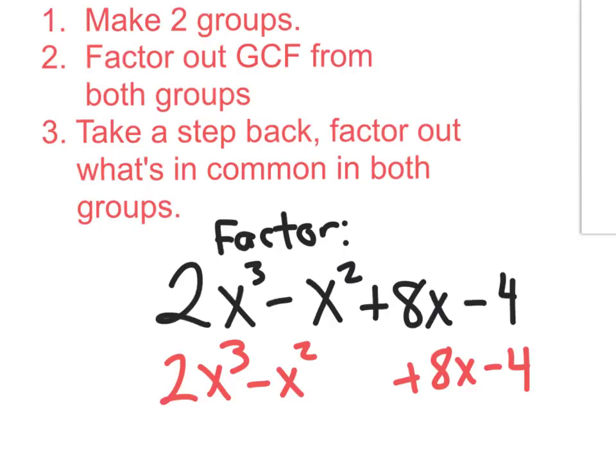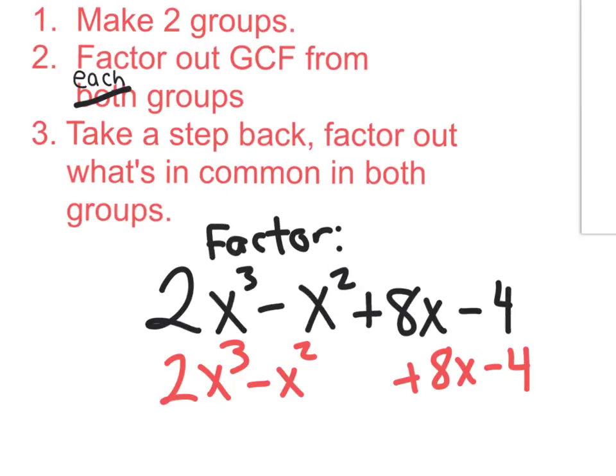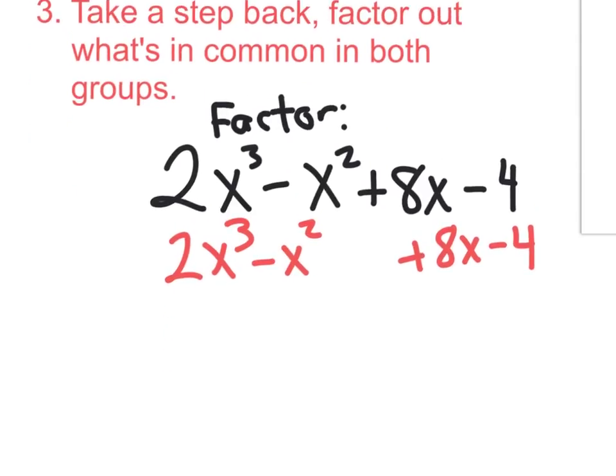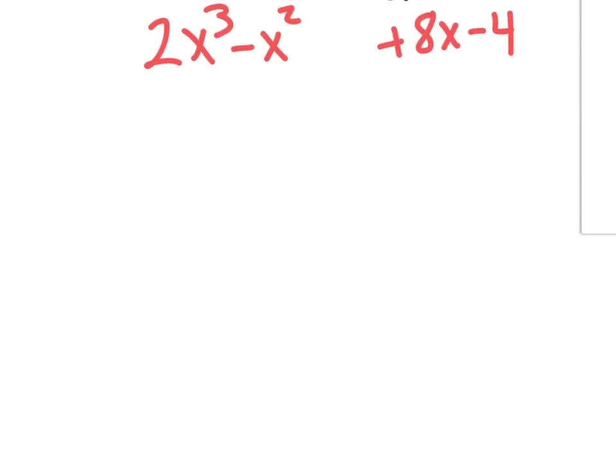Step 2, factor out the GCF from each group. So let's do that. Let's look at the first group right here. The first group says 2x to the third minus x squared.